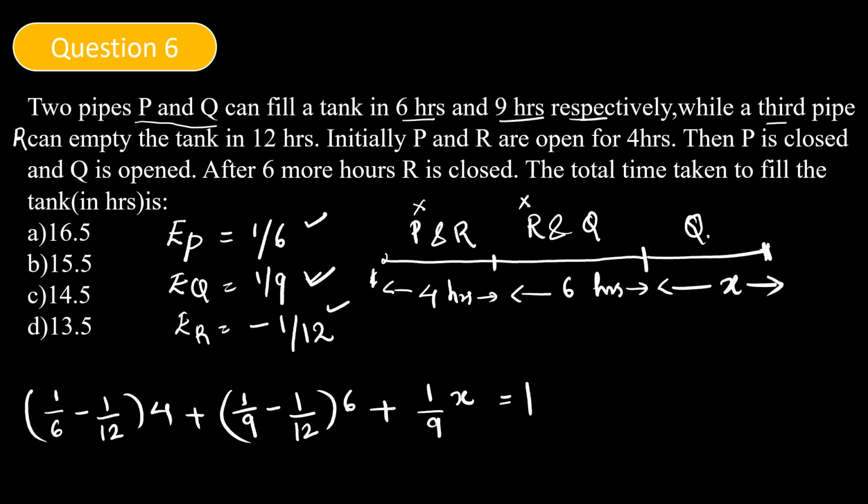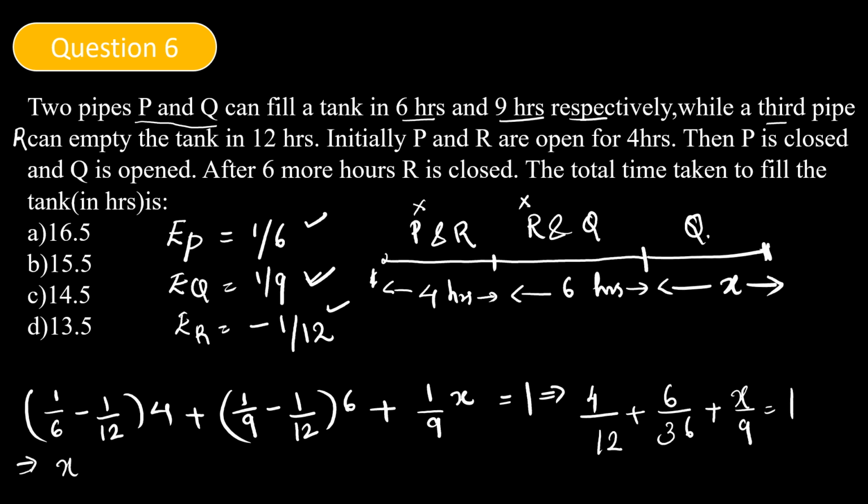And this is the total work, which is equal to 1. Now we'll solve this. We get first term plus 6 by 36 plus x by 9 equal to 1.